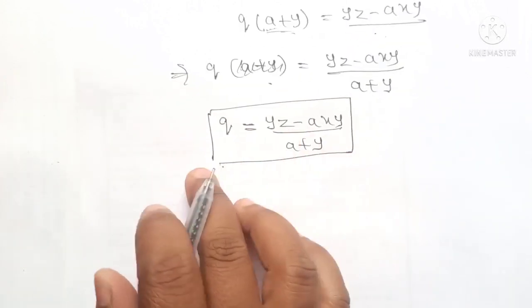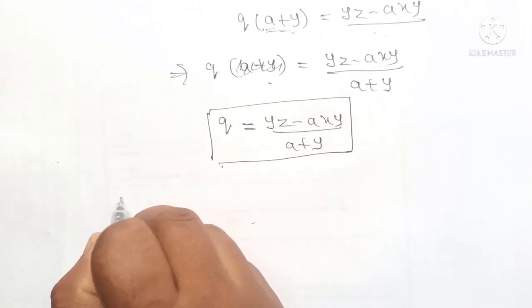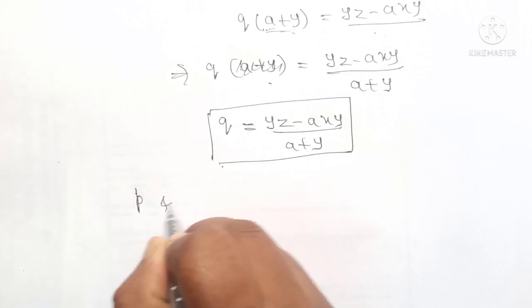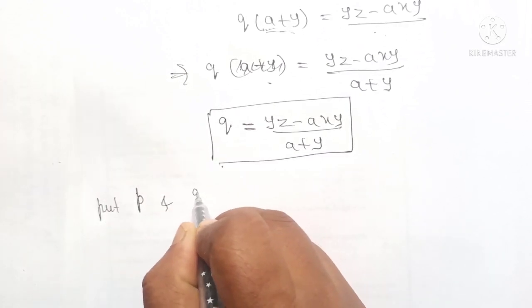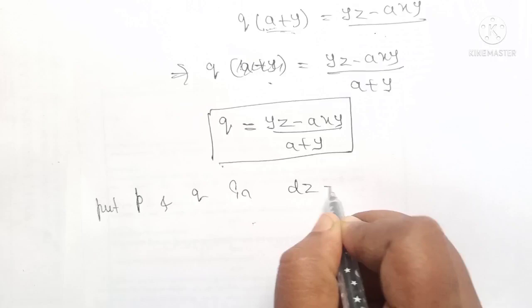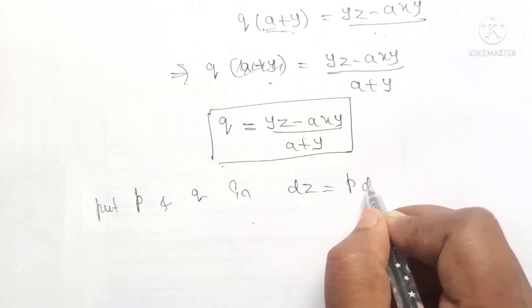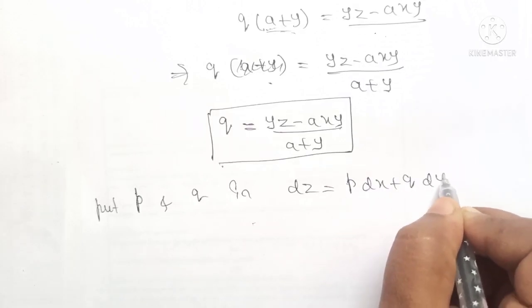So we substitute the p value and q value in the equation dz equals p dx plus q dy.